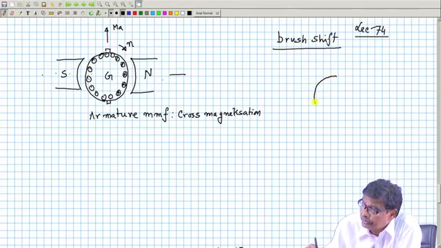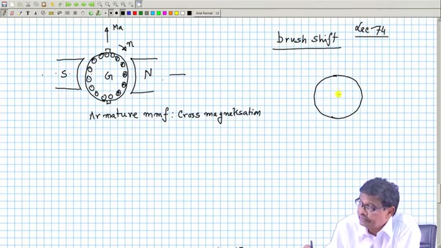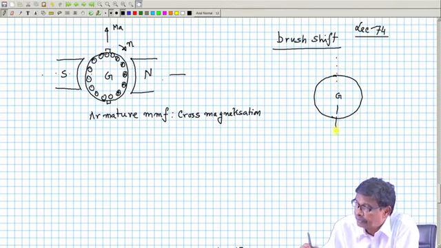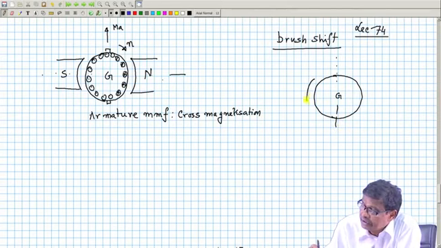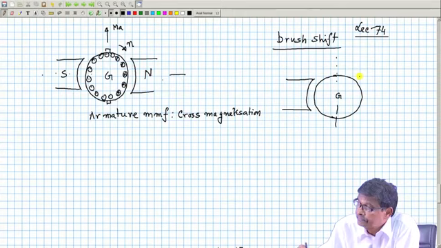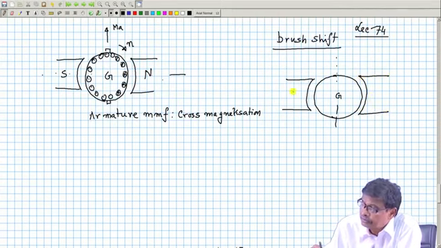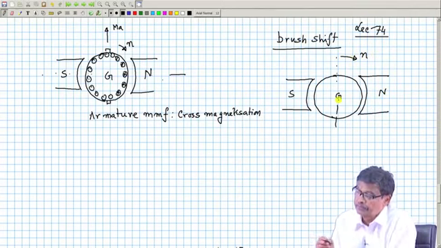Suppose you take the same generator, acting as a generator. This is the normal position of the brushes and this is the field axis, with south and north poles. This is the direction of rotation n for generator mode.